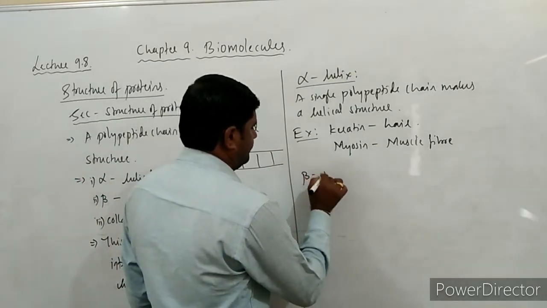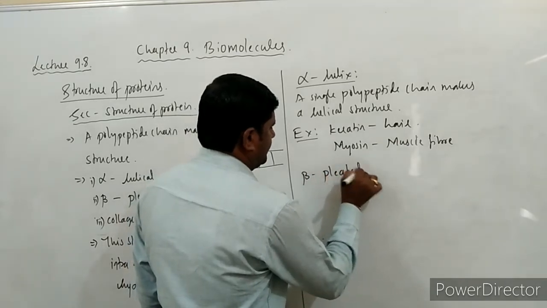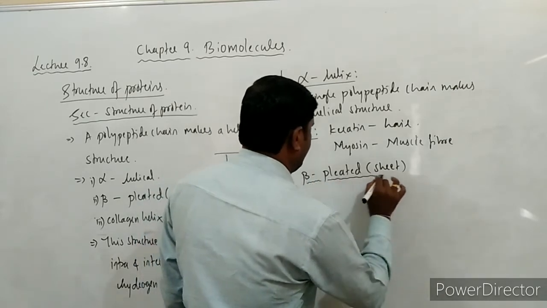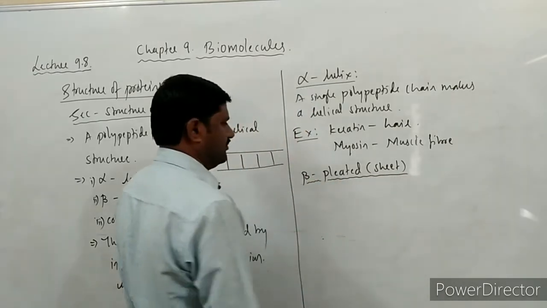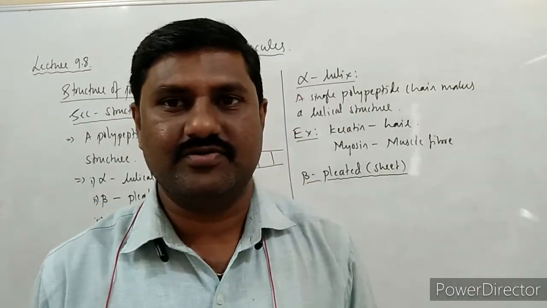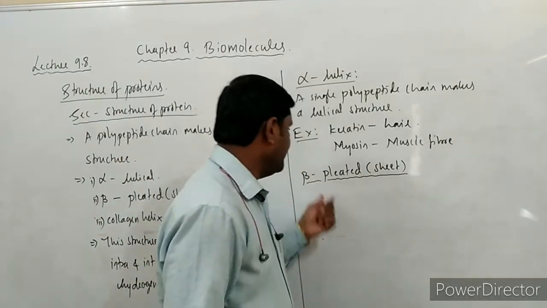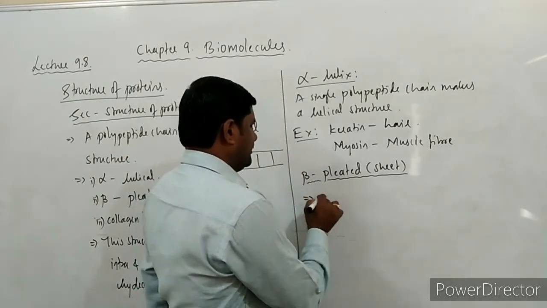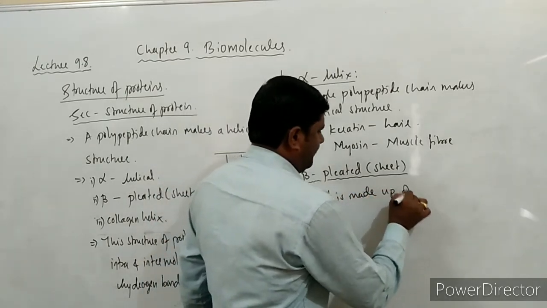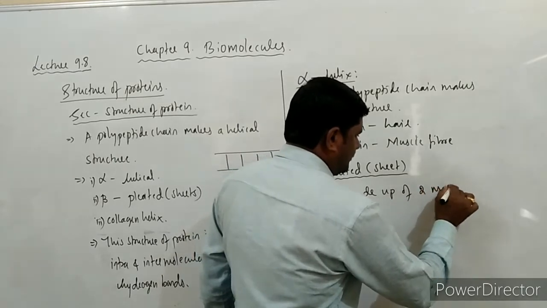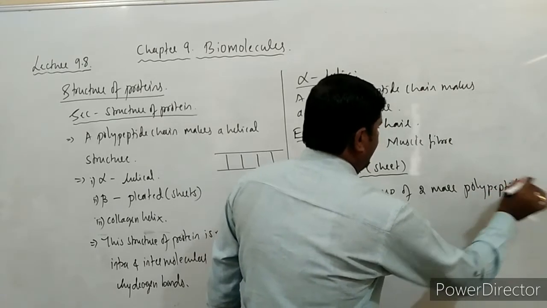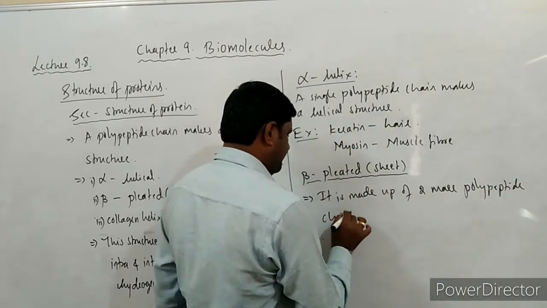And beta pleated sheet that we come across over here. A pleated structure or sheet-like structure that we come across over here. And how is this beta pleated sheet made?